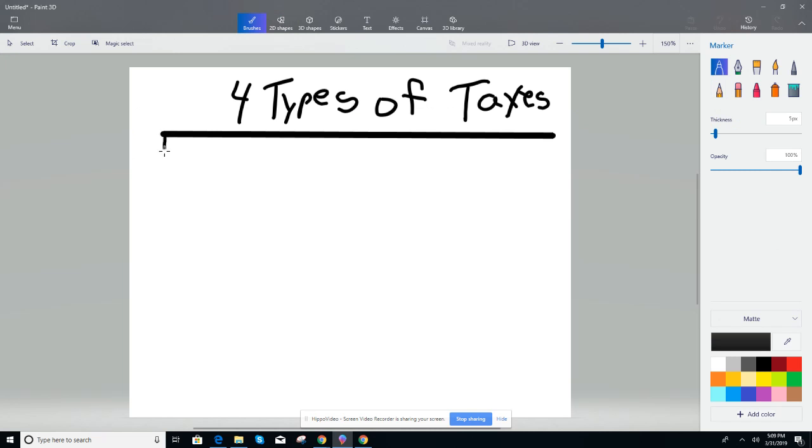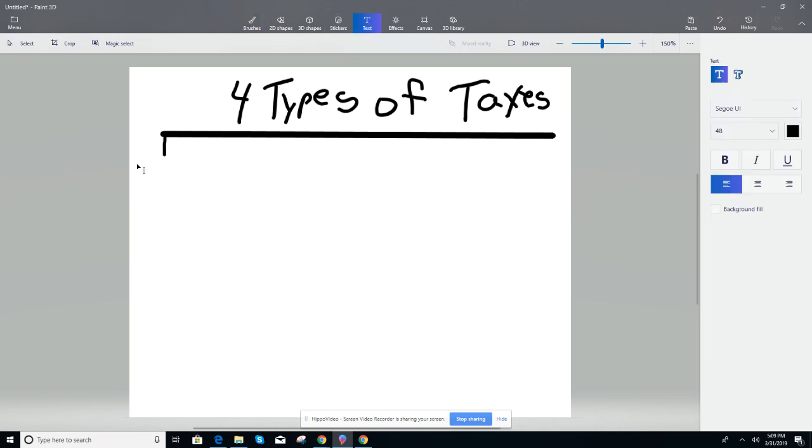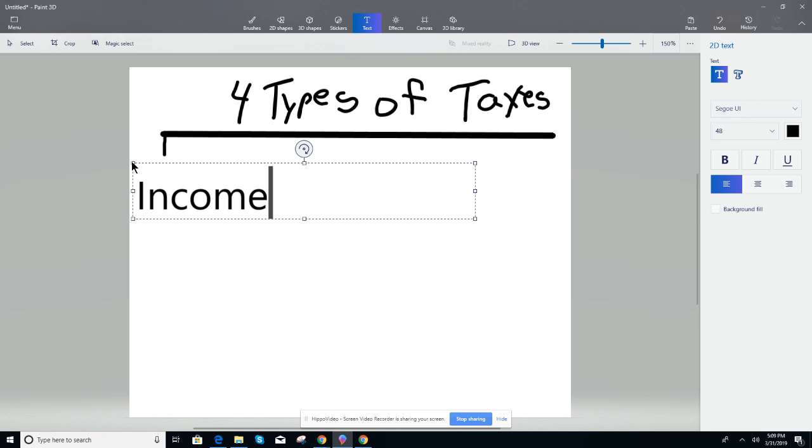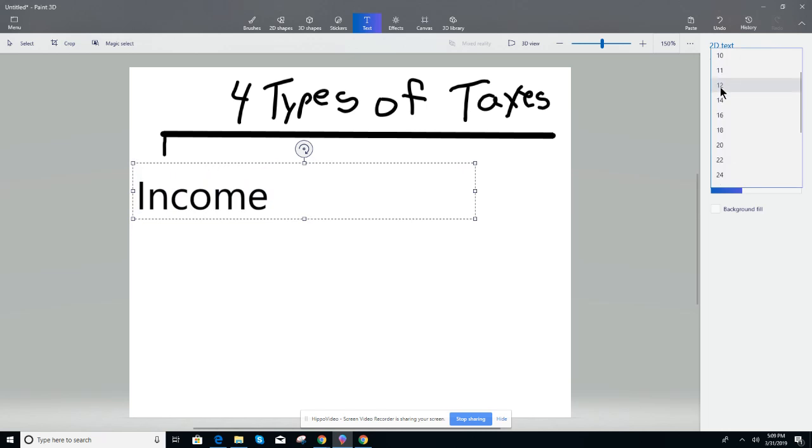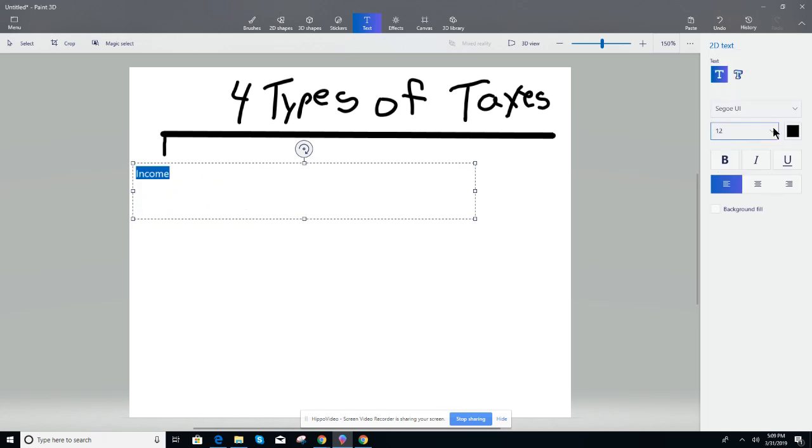The first line is very, very common, and this is called income tax. Now, income tax, it doesn't matter how old you are. If you have a job, they take out income tax. Income tax is the tax that you have to pay from a job that you have.